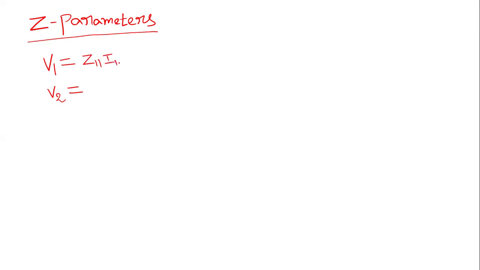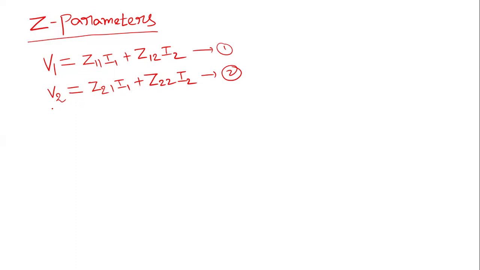V1 equals Z11 I1 plus Z12 I2. V2 equals Z21 I1 plus Z22 I2. These are the set of equations that represent Z parameters of a two-port network. Here the parameters are Z11, Z12, Z21 and Z22.